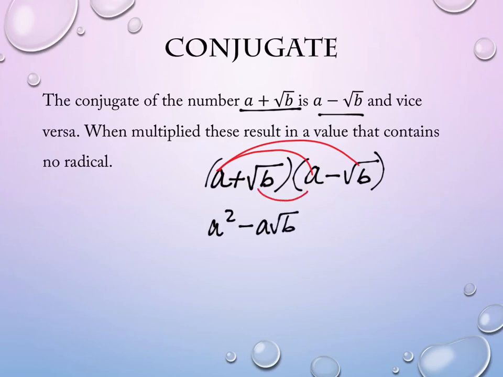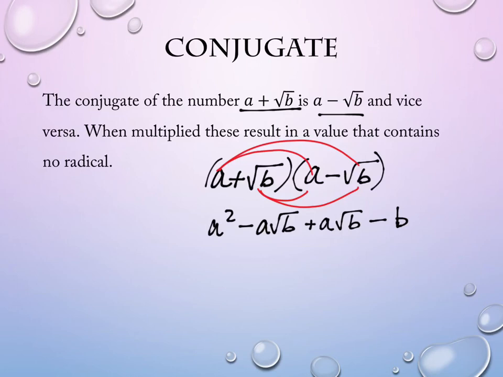On the inside, square root of b times a is positive a square root of b. In my last terms, negative square root of b times positive square root of b gives me a negative, and then it's just b. Square root of b times the square root of b is b. Just like a moment ago, the square root of 7 times the square root of 7 is 7.